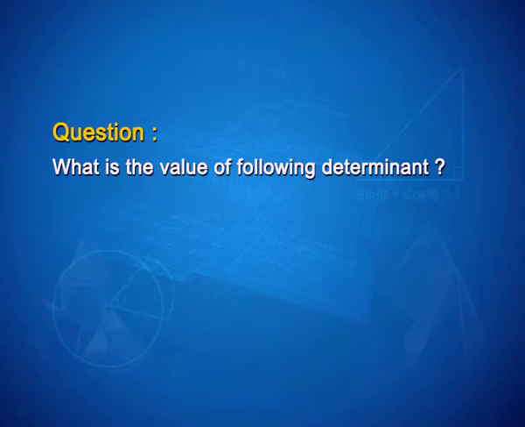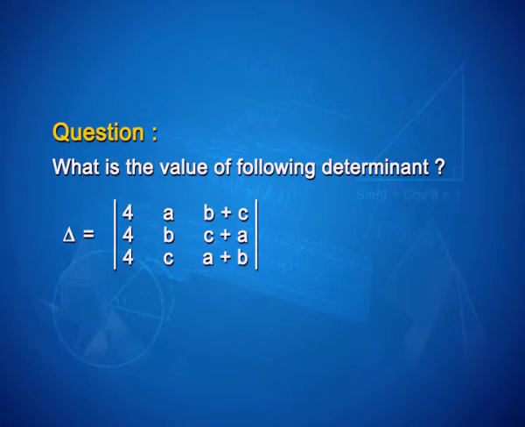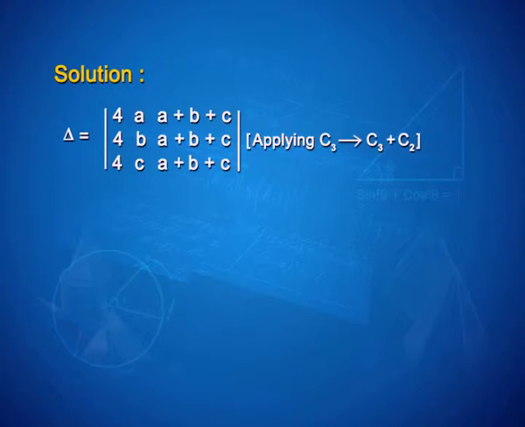Let us take up one more example. What is the value of the following determinant? 4, a, b plus c, 4, b, c plus a, 4, c, a plus b. For the solution, determinant is equal to 4, a plus b plus c, 4, b, a plus b plus c, 4, c, a plus b plus c.